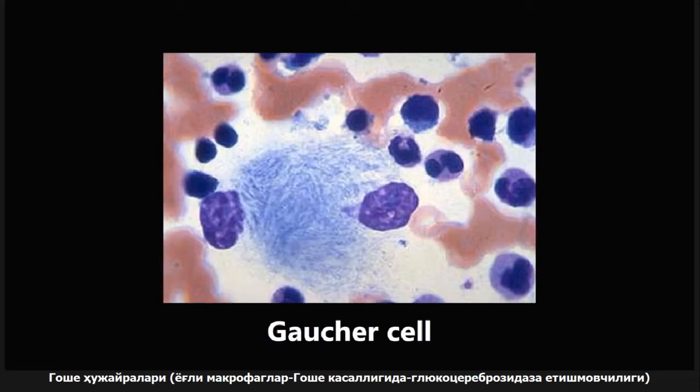So Gaucher disease is characterized by a deficiency of glucocerebrosidase, and therefore it causes a buildup of glucocerebroside. Very high yield to know that, and to know that same information for all of the lysosomal storage diseases, as well as the glycogen storage diseases. You need to know what enzyme is deficient and what builds up. Really important to know that. So this is a Gaucher cell seen in Gaucher disease.